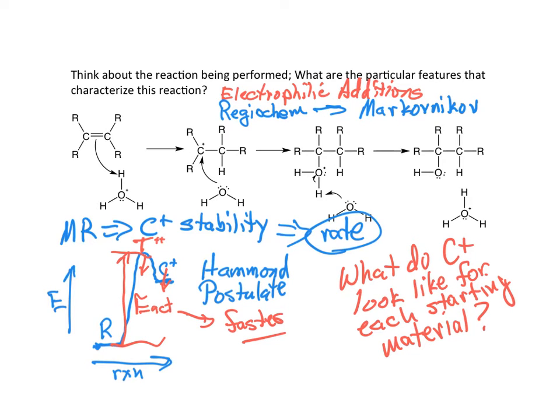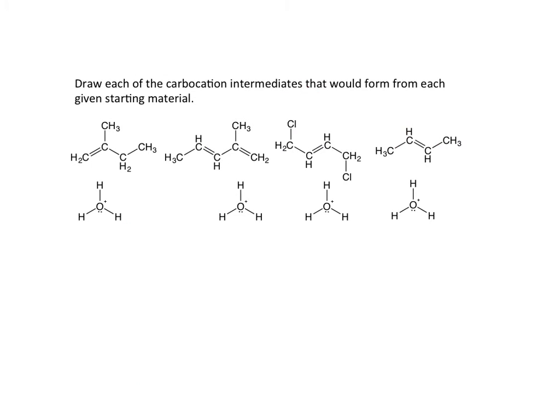So thinking through the implications of our reaction and what controls the rates of our reaction leads us to know that the carbocation intermediates are what is ultimately going to determine the rate of our reactions, or the relative rates. So, now that we know that, let's go back to our starting materials.